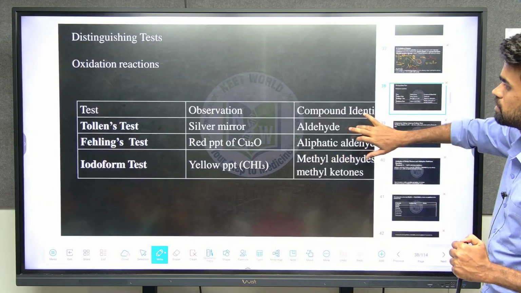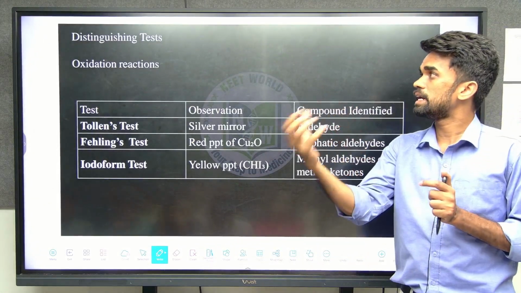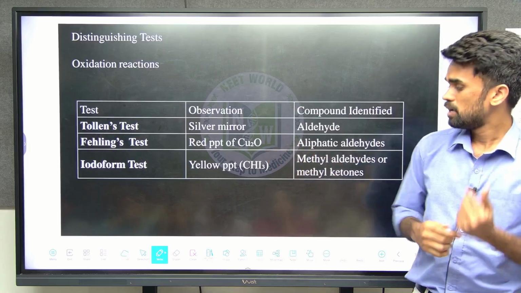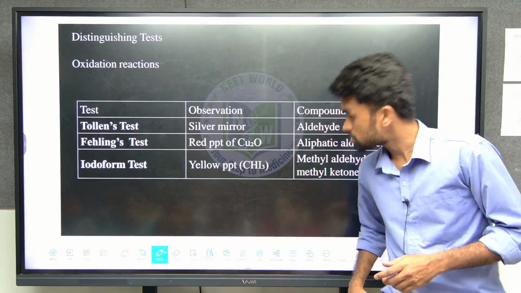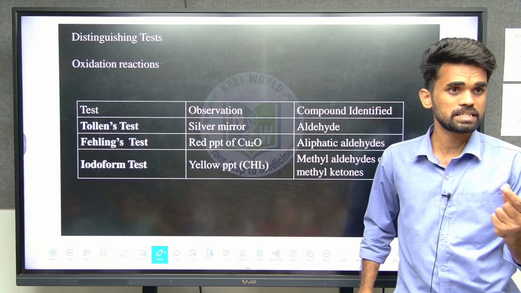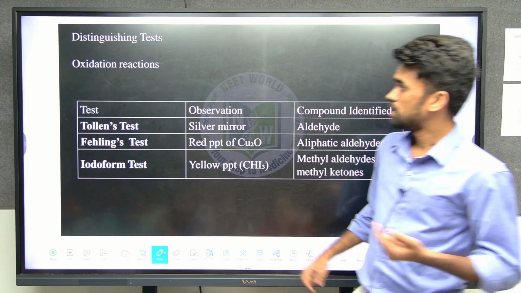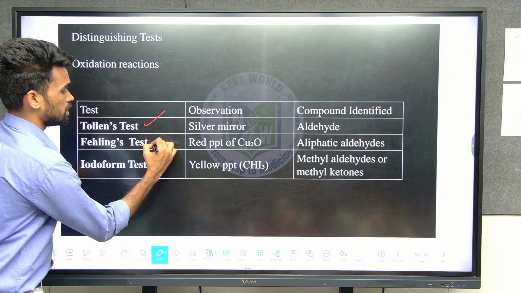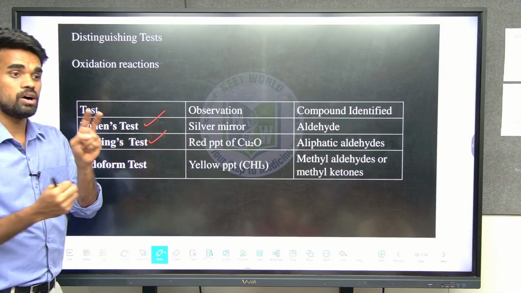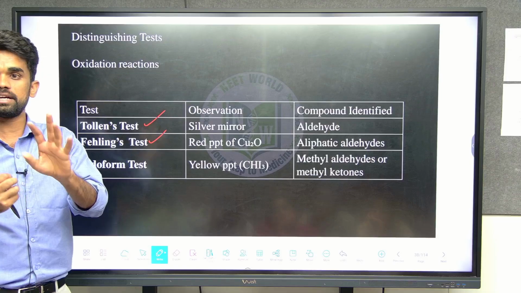Next, we have aldehydes and ketones. So how can you distinguish them? We have some tests like Tollens test and Fehling's test. Have you heard these words? Yes. Both Tollens and Fehling's tests give confirmation for aldehydes only.